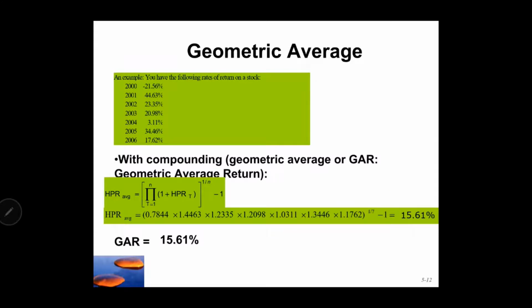Another important one, as I was mentioning, is the geometric average. The simple arithmetic average is without compounding, and if you want to go for compounding, that means reinvesting your returns each year. That means you are not taking away the returns which you receive at the end of the time period. You are reinvesting them.